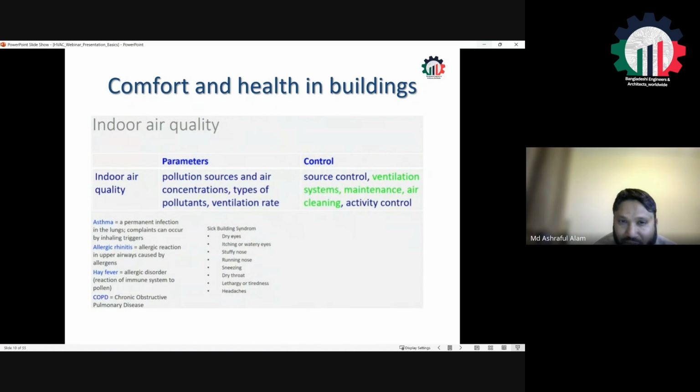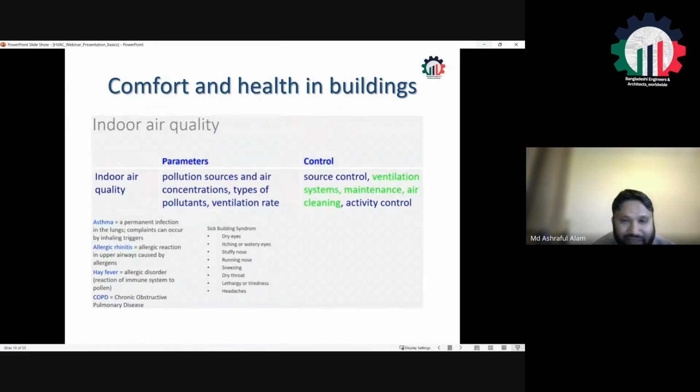So what happens when indoor environmental quality is not properly maintained in a building? That building, we call it a sick building. And how to understand that the building is sick? We can see a list here, which is saying dry eyes, itching or watery eyes, stuffy nose, running nose, sneezing, dry throat, lethargy or tiredness, headaches.